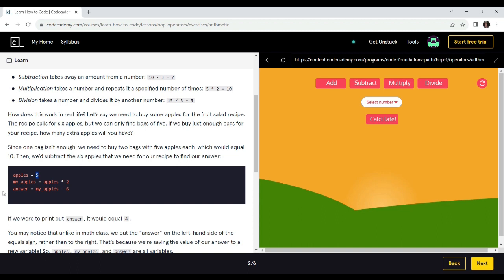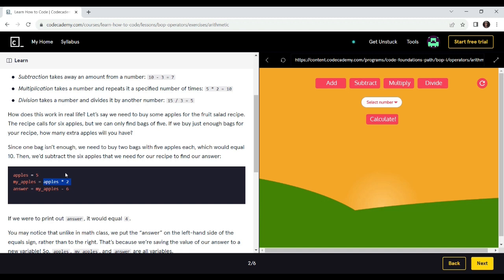So 5 is basically the number of apples that come in one bag. Then we define the second variable, my_apples, basically being equal to the number of apples variable multiplied by 2.